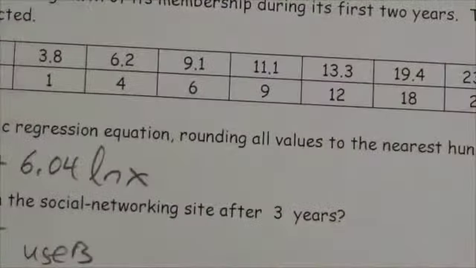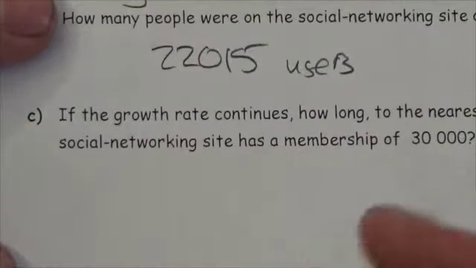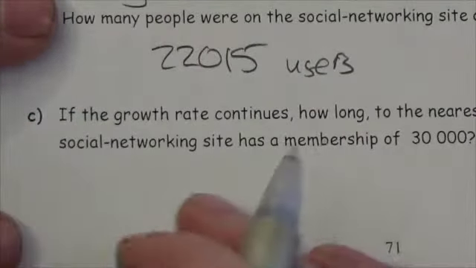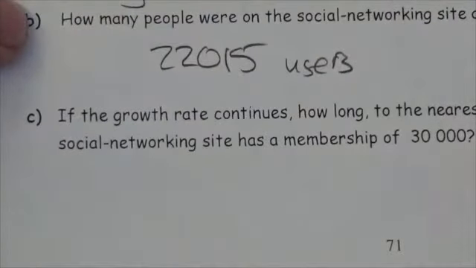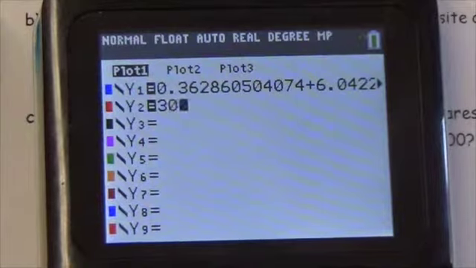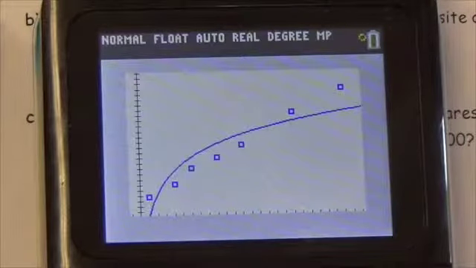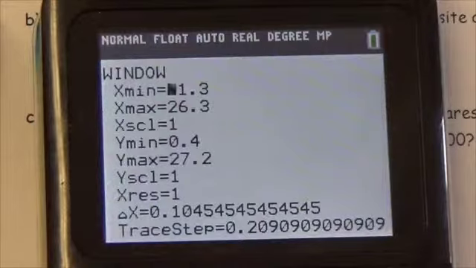Now, the next question says, if the growth rate continues, how long to the nearest tenth of a year will it take until the social networking site has a membership of 30,000? Well, I've already got this thing graphed, so here we go. Let's plug in 30,000. Now, I suspect if I press graph, I'm not going to see that show up, because I suspect that the Y max isn't big enough. So let's go to our window settings.